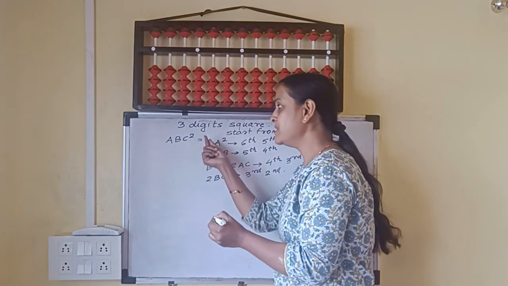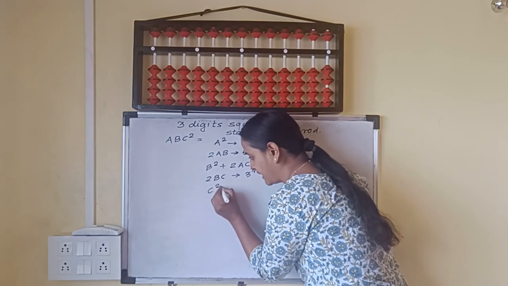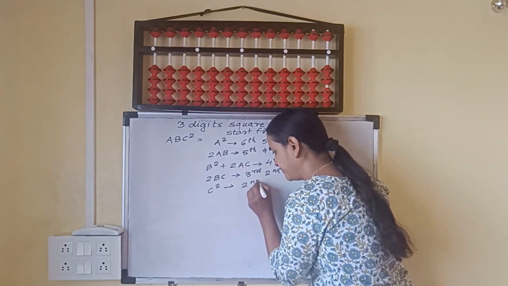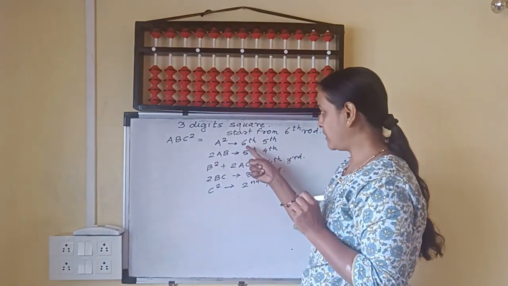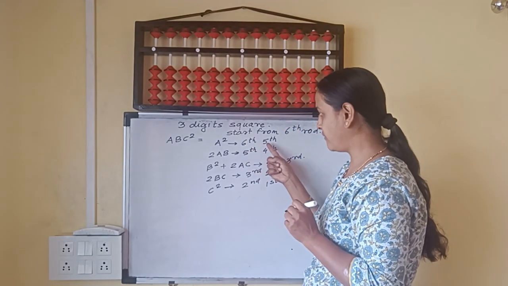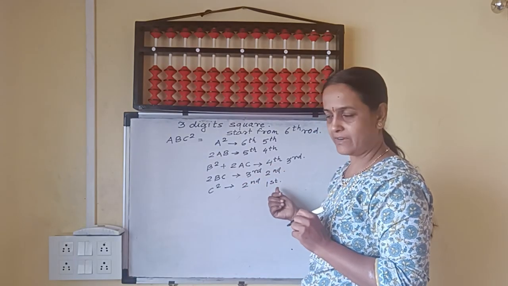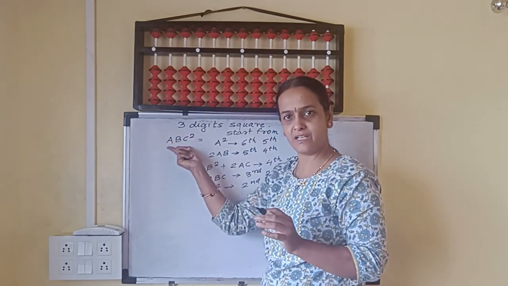What is the last step? It should be C square, and the answer should be on the second rod and first rod. Sixth rod, fifth, fourth, third, second, and first. Like this, we can find out the square of a 3-digit number easily. Always start from the sixth rod.